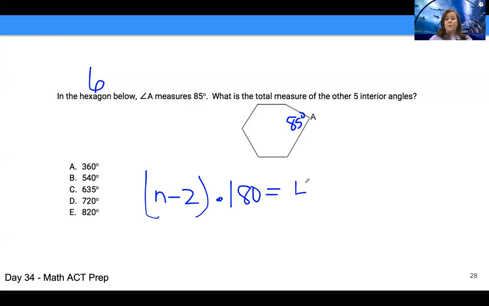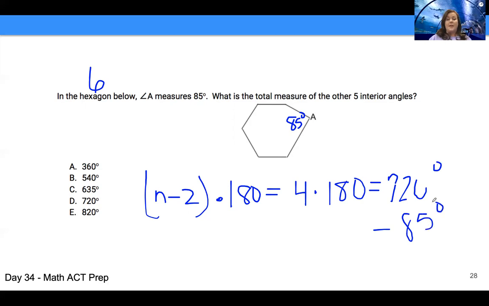So it's going to be 4 times 180, which ends up being, what is that, 720? And they're wanting to know the measure of the other 5 angles. Well, all we have to do now is subtract 85 from it, and you end up getting 635.